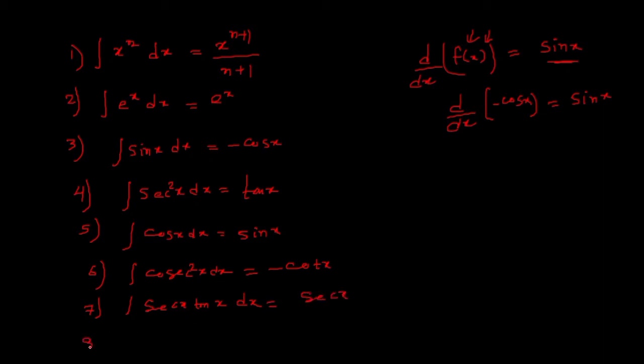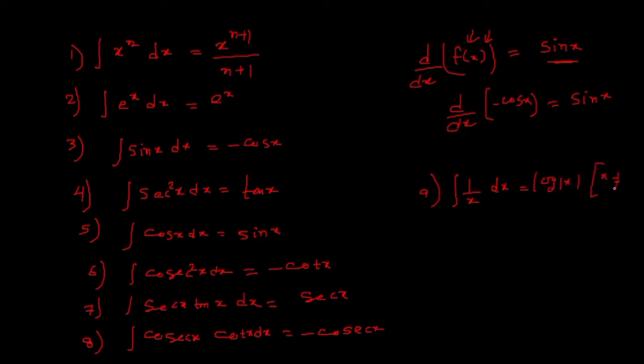Now number 8, integration of cosec x cot x dx, that will be minus cosec x. And number 9, integration of 1 by x dx, that will be log mod x, where x is not equal to 0. So those are a few formulas related to integration.